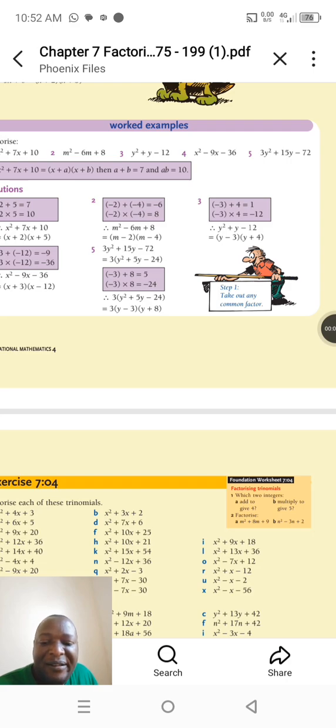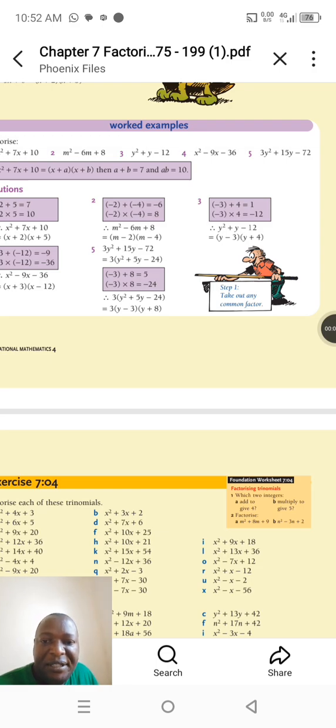So the final factorized format of the expression is going to be the 3 that we factored out, into the variable y minus the number that we have identified, negative 3, that's y minus 3, into y plus 8.